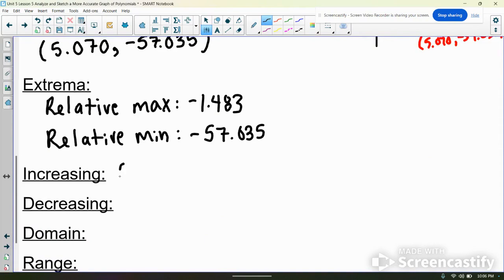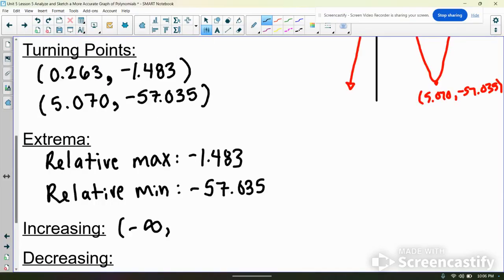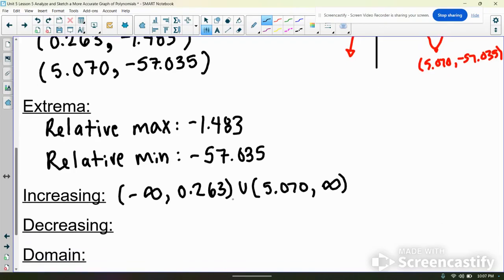So we are increasing from negative infinity until that maximum moment. X value of our max was 0.263. And then we started going down till we hit our min. So we start increasing after our min, which was at 5.070, all the way to infinity again. And so we recognize that we're decreasing in between here, in between these two values.